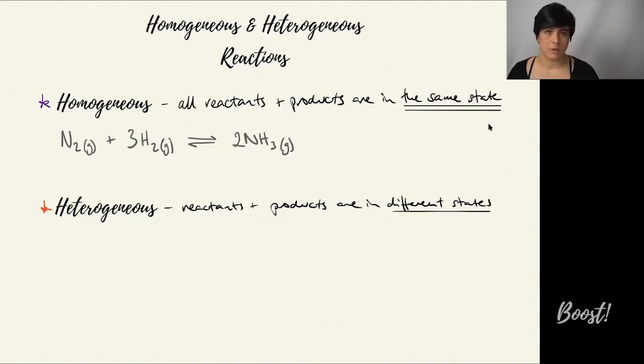Or again, it's quite common to have gases reacting with solids, and that's perfectly fine, but that's a heterogeneous reaction in which Le Chatelier's principle would not necessarily apply, and we would have to adjust the Kc expression that we write later on in order to adapt for the fact that we have these reactants and products in different states.